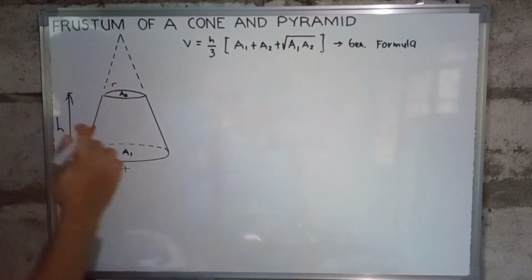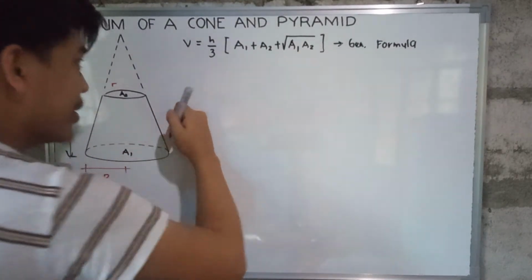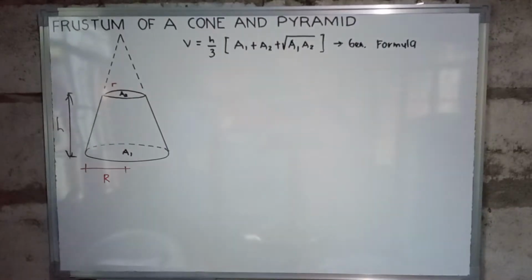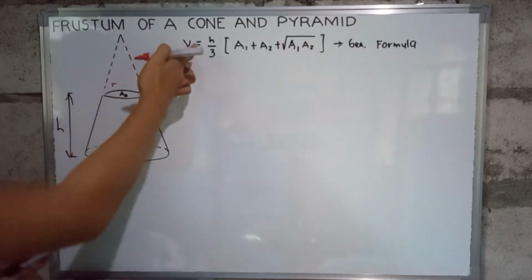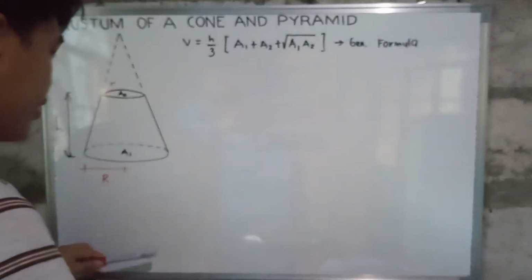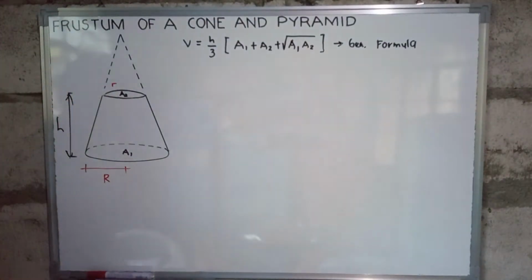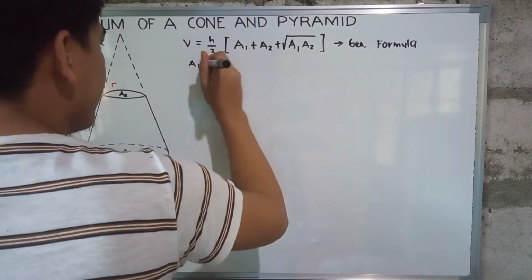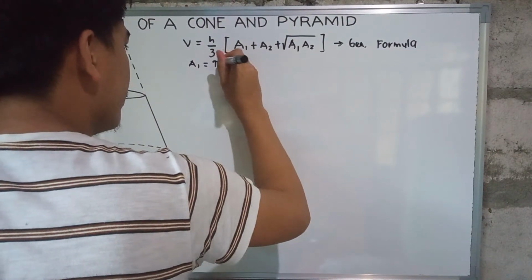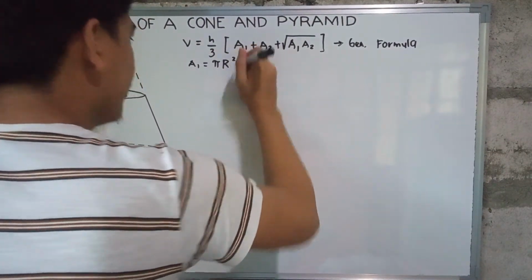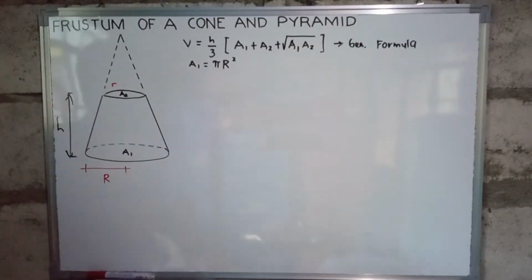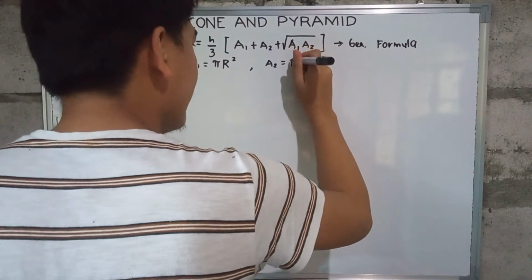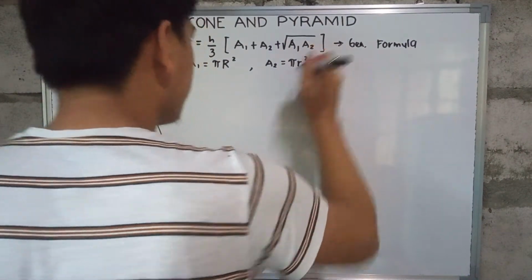Tapos, yung slant height naman, di pa kailangan yung slant height, so mamaya na lang. So let's consider doing this formula. So, substitute natin, ha? So, sa a sub 1 natin, that will be pi R squared. For a sub 2 naman, that will be pi small r squared.